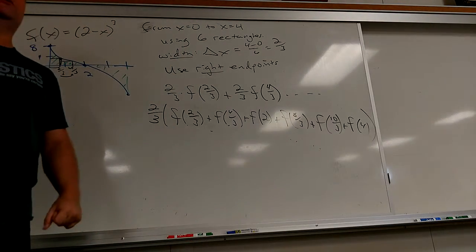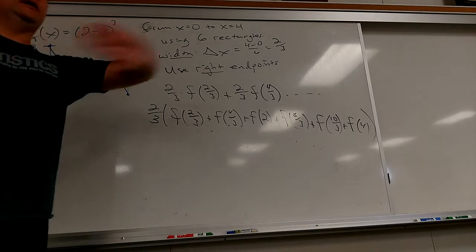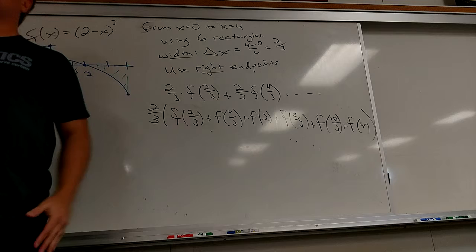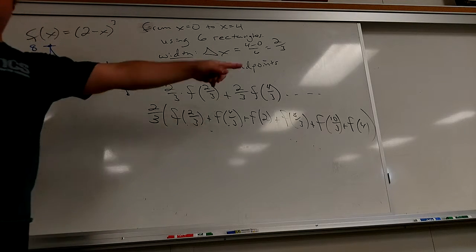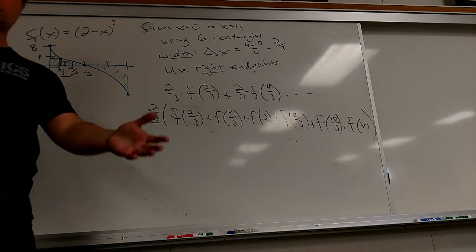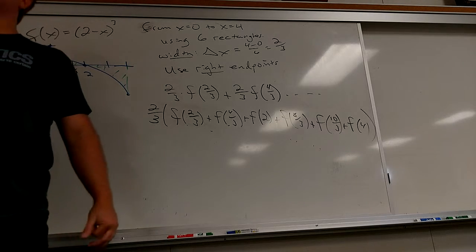As you're doing the problem, make sure you don't have too many or too few rectangles, because it's really easy to get in the flow of what I was just doing and go too far or stop too early. And now it's just a bunch of calculations. I showed you a shortcut with the table on the calculator the other day. Yes, I did.